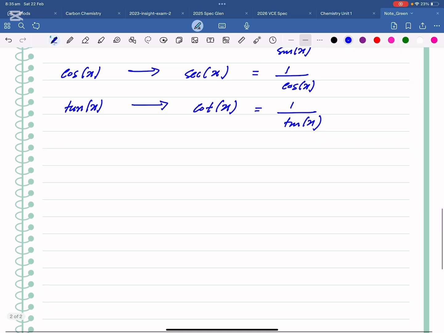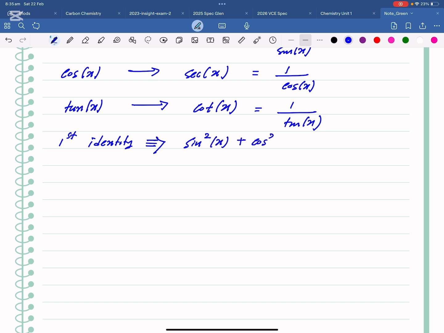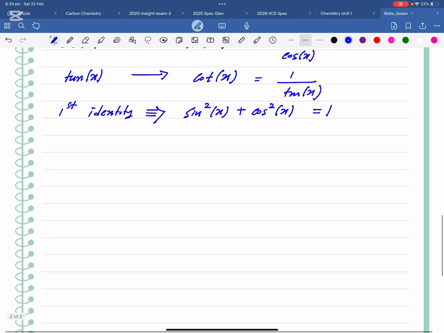Now the first identity was sine squared x plus cos squared x is equal to 1. That is our first identity. Now, what I'm going to do, this equation number 1, I'm going to divide by sine squared x.